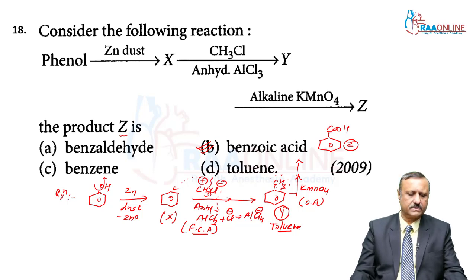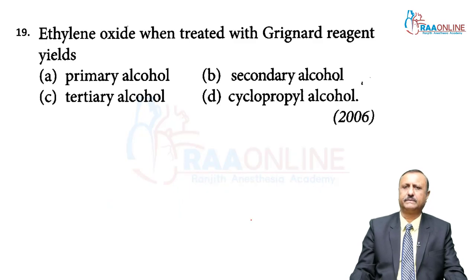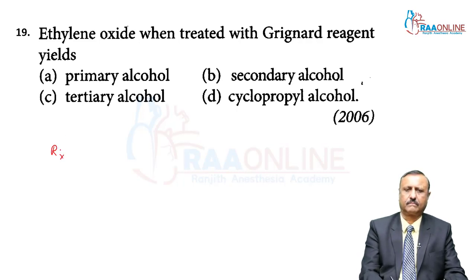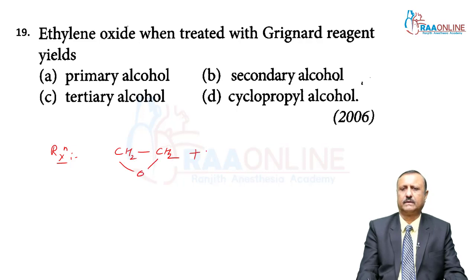Now, my dear students, here is question number 19. In question number 19, you can see the ethylene oxide reaction. It is a simple reaction, ethylene oxide, CH2, CH2 and O. This ethylene oxide reacts with the Grignard reagent, RMgX.